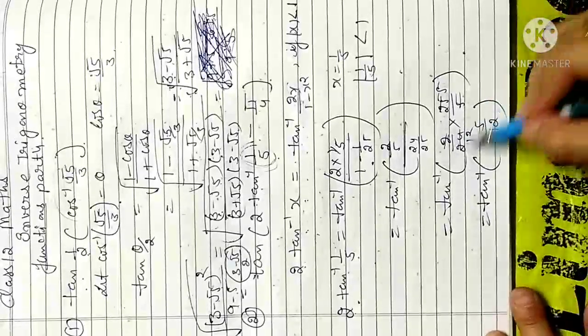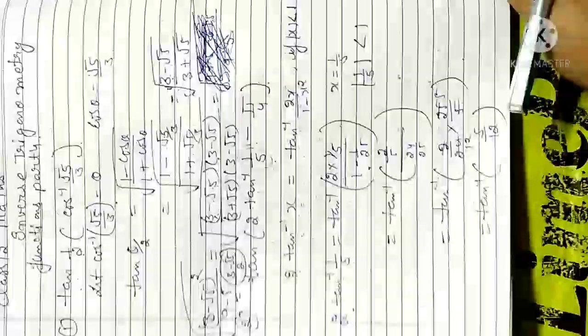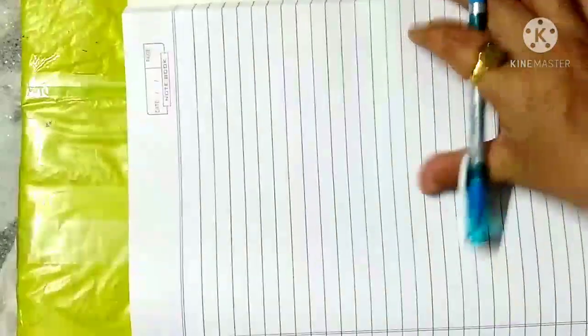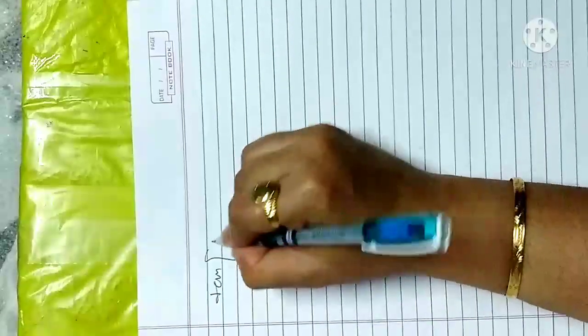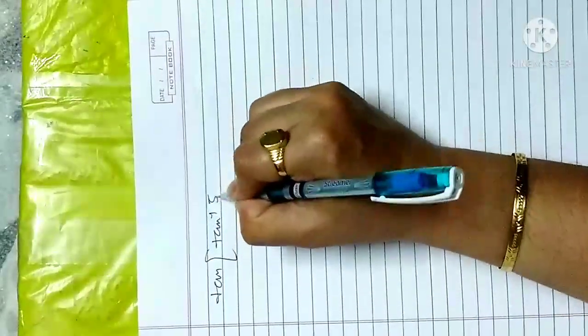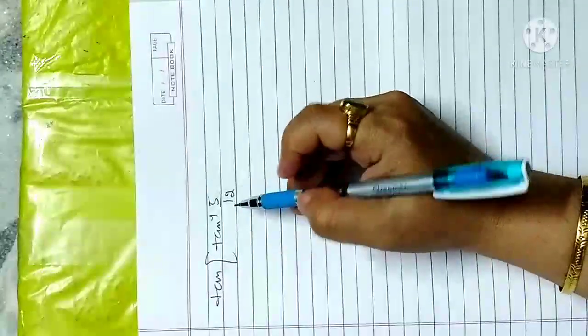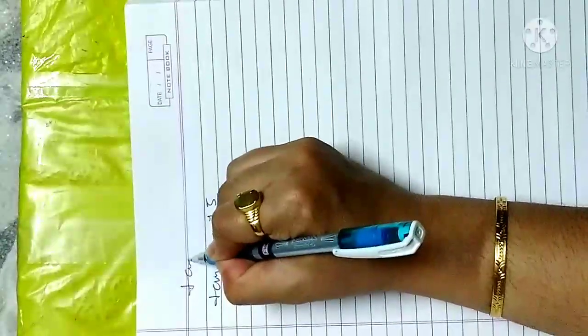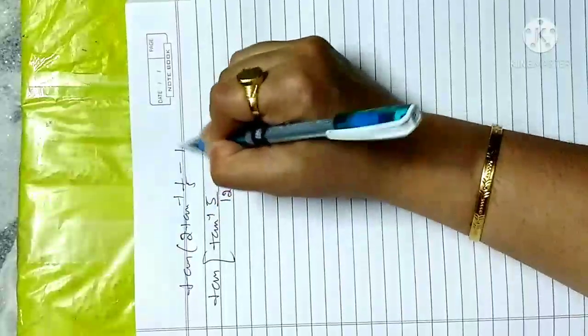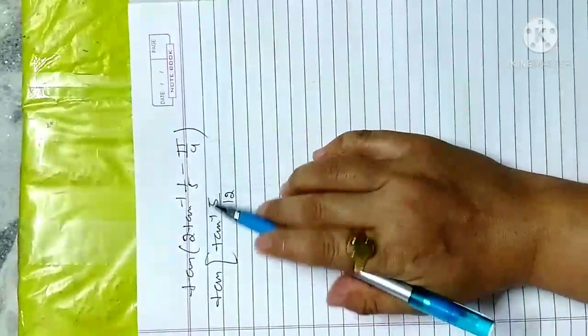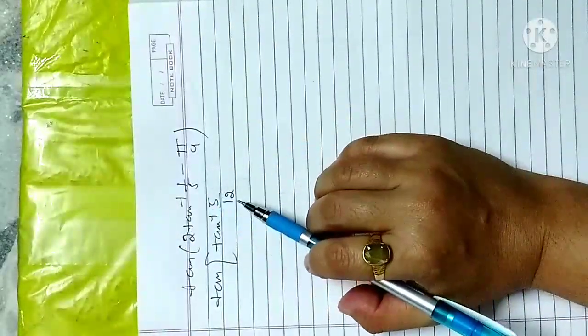Now I replace this in my original question. My question was tan(2 tan⁻¹(1/5) − π/4).